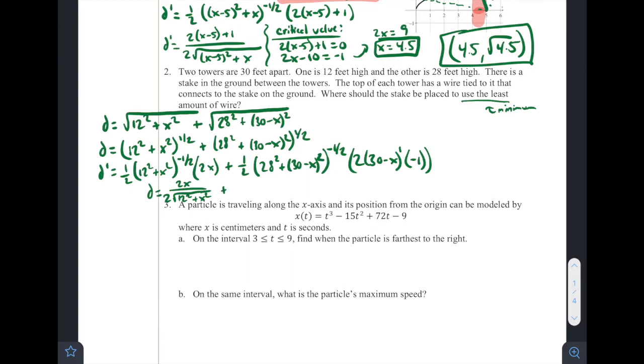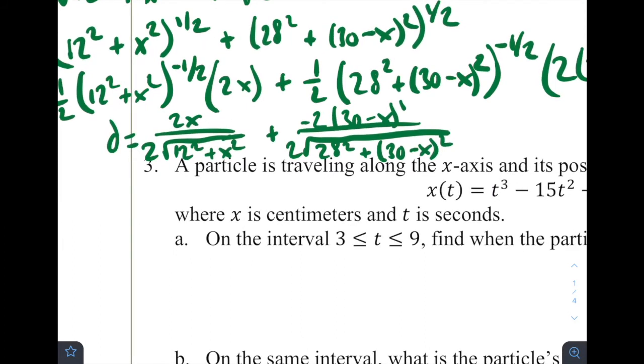And then plus, let's see, negative 1 times 2. So negative 2 times 30 minus x to the 1, all divided by 2 times the square root of 28 squared plus 30 minus x quantity squared. So maybe a little bit tough to see, but this is how we would write this with fractions and without these negative exponents. Now, of course, again, we're trying to find critical values.